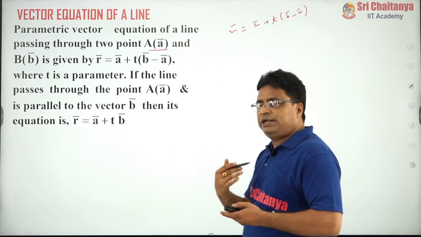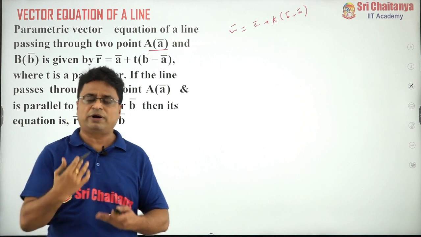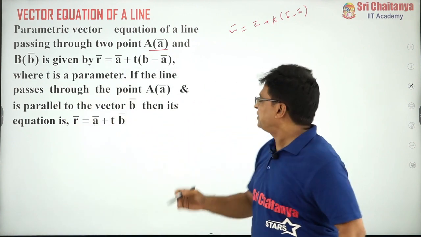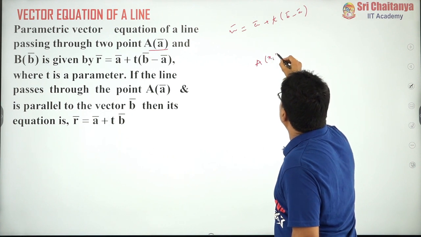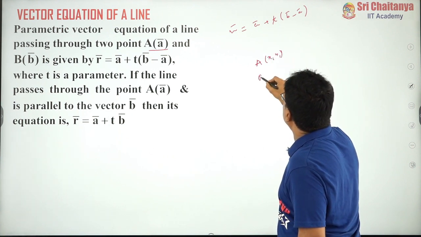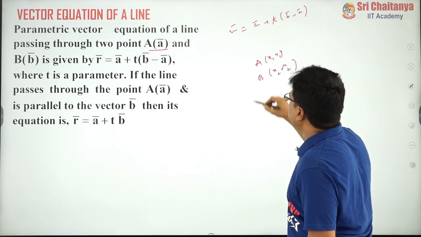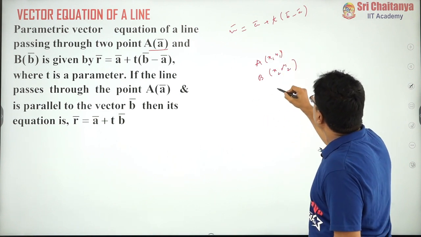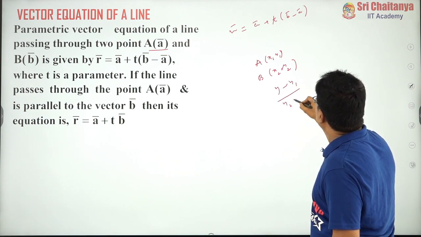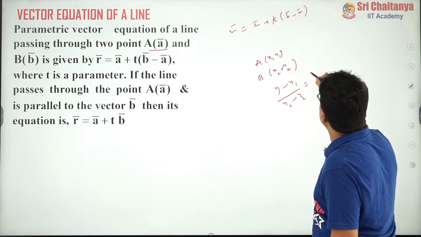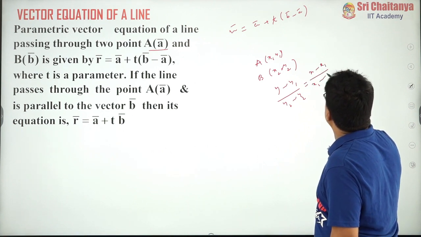And my friends, actually we have practiced the same type of formula in coordinate geometry also. In coordinate geometry, if A(x1, y1) and B(x2, y2) are 2 points given for you, then what is the equation of the line passing through AB? Immediately you can write it as (y minus y1) by (y1 minus y2) equal to (x minus x1) by (x1 minus x2).